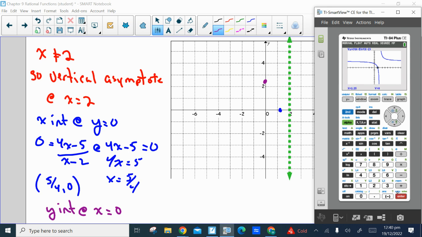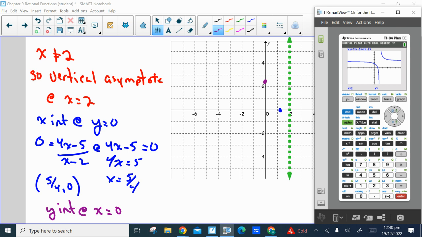So if I put that in, that's confirmed because y does equal 0 there. We said that our vertical asymptote was at x equals 2 because that's the non-permissive value from the denominator. If I try and see what happens when x equals 2, I don't get a value for y returned because x equals 2 is a non-permissive value. That is where that vertical asymptote is.